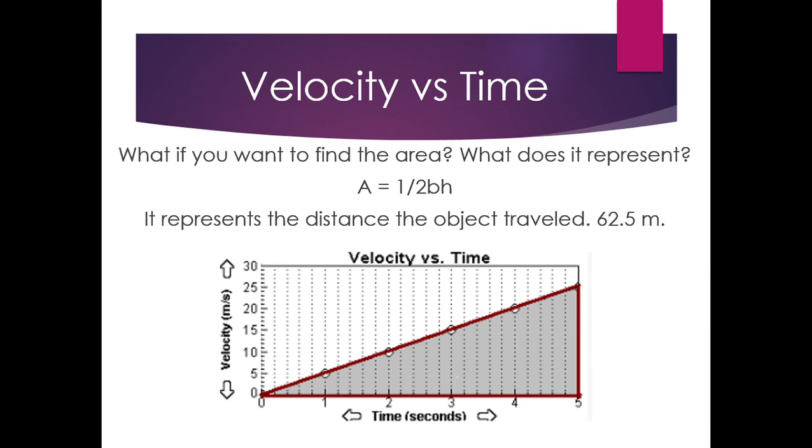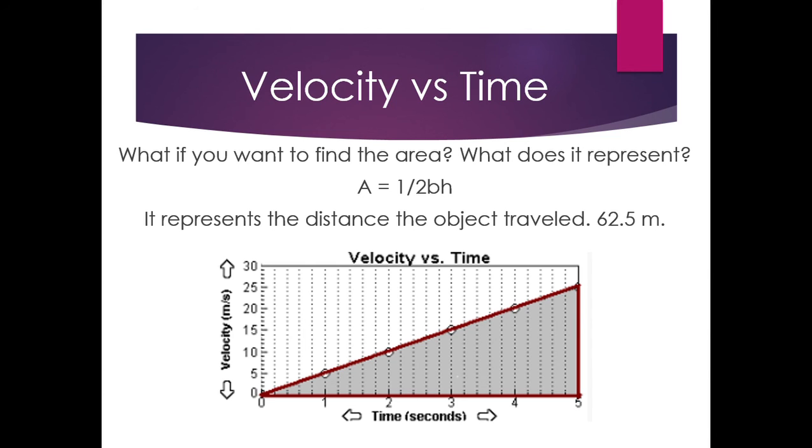62.5 meters. So let's analyze the graphic a little bit right here. We need to find the values for the base and of course for the height. We're going to find the value of the base in the x-axis. The x-axis is basically number 5 because it covered all in there.